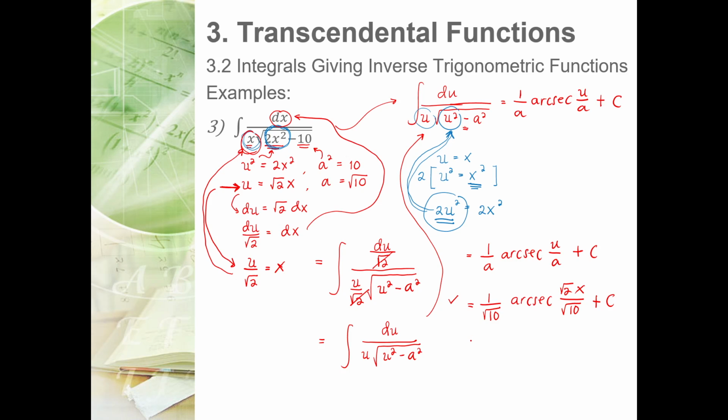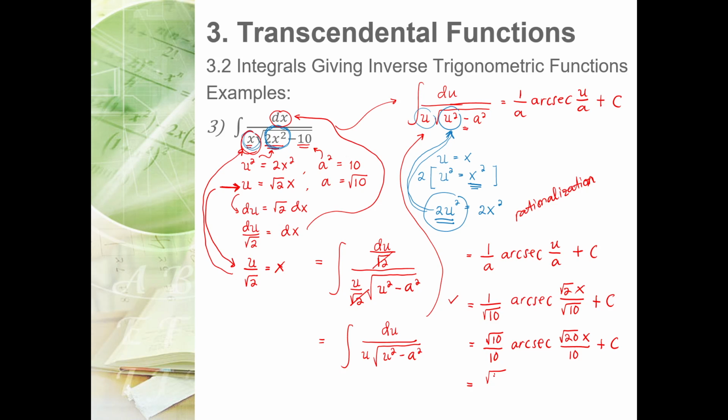So again, by rationalizing, if you don't know how to rationalize, the term is rationalization. Just search this one online. So the final answer is square root of 10 over 10 arc secant, and this one is square root of 20 x all over 10 plus c.